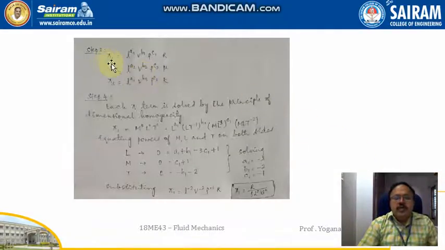Now step 3, we are writing the three pi terms here. Each pi term will have 3 repeating variables, as already discussed. So L, V and rho represent the geometric property, flow property and fluid property. The remaining 3 variables I am writing one in each pi term like this.